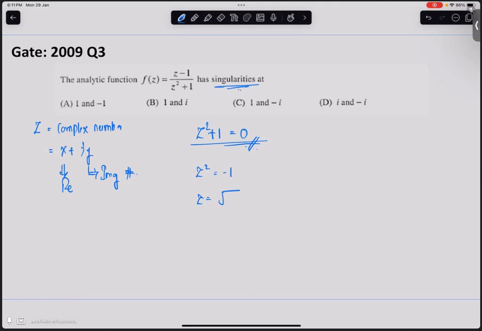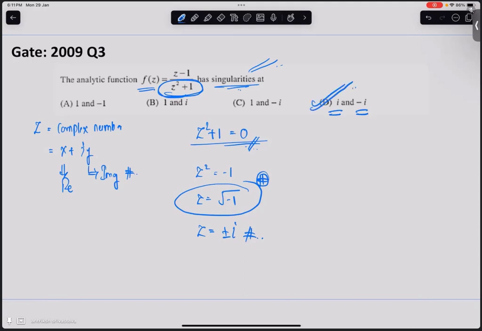That the root of -1 is not defined in the reals. That is the whole basis of complex numbers. The root of -1 is plus or minus i, right? So the answer for this question is that z can be i or -i for this denominator to be 0, and correspondingly the function f(z) is going to be singular. So option D is correct.